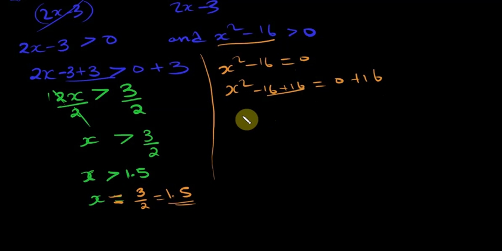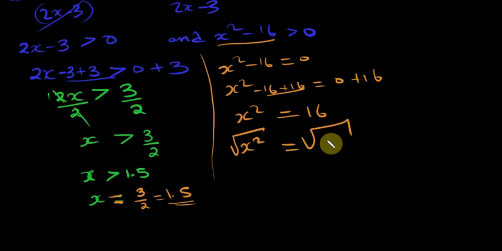Then x squared equals 16. So to get rid of x squared here, we just square root this, and if we square root one side, we also square root the other side.